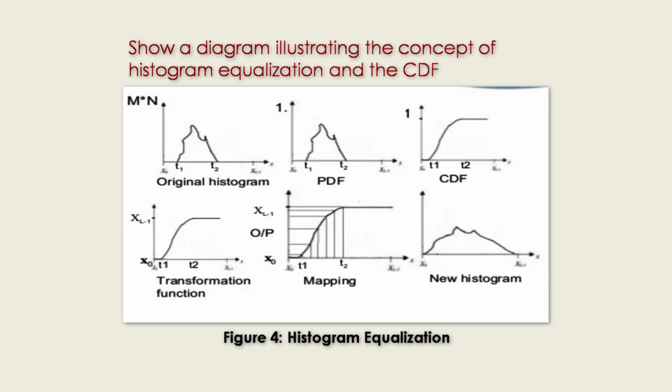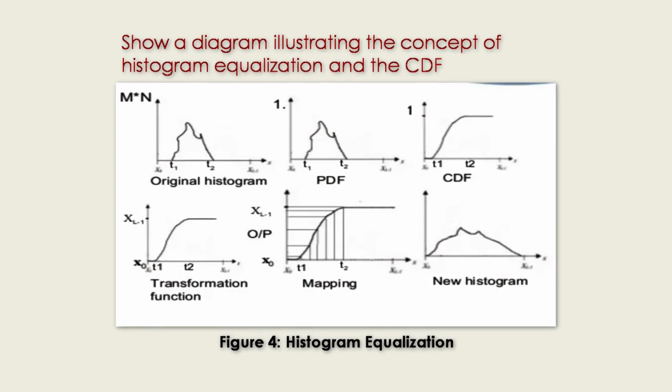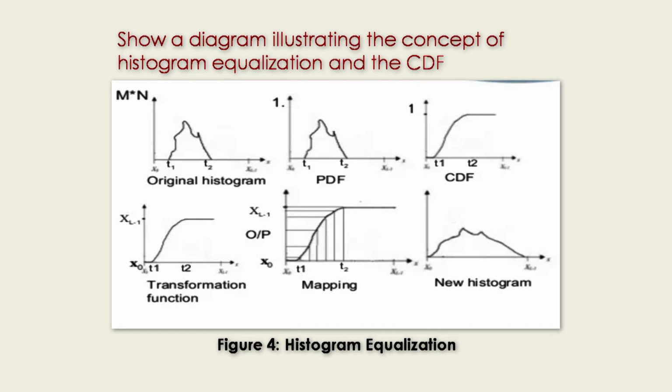Histogram equalization is a powerful and widely used technique for contrast enhancement, especially where the original image has poor contrast or a limited range of intensity values. It is a simple yet effective method to bring out the details and improve the visual appearance of images. So, this diagram shows the concept of histogram equalization and the CDF.